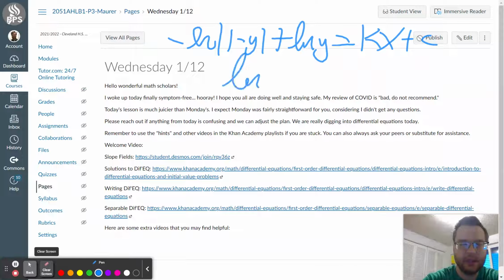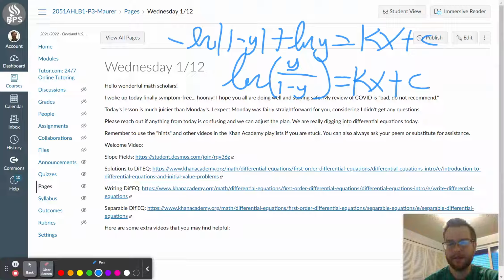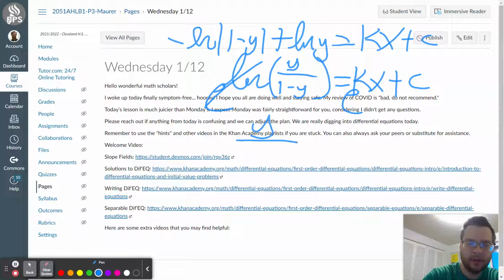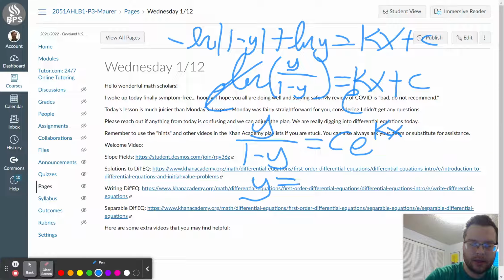Combining these together, I get the natural log of y over 1 minus y equals kx plus c. Exponentiating, and I'm going to use the same constant trick I did before. We have y over 1 minus y equals c e to the kx. Then I want to get my y's by themselves, so I go y equals 1 minus y times c e to the kx.